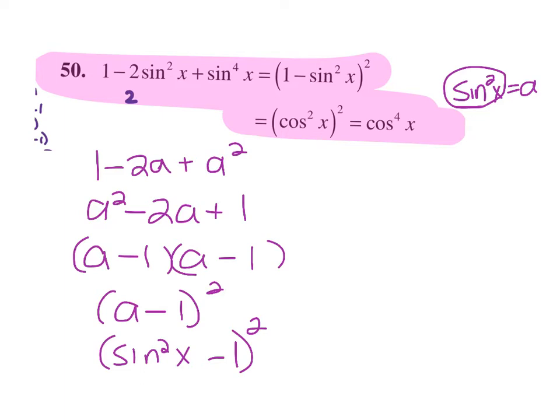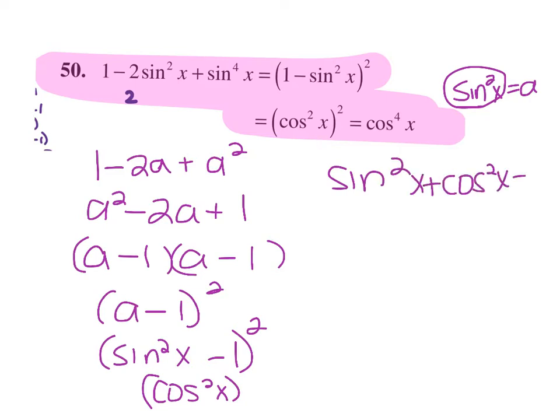And because sine squared plus cosine squared is 1, sine squared minus 1 would be cosine squared. That's the same thing as 1 minus sine squared. No, it would be different. That actually should have been negative. So I would have gotten sine squared minus 1 equals negative cosine squared, right?